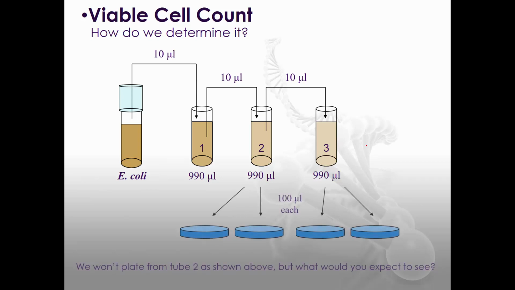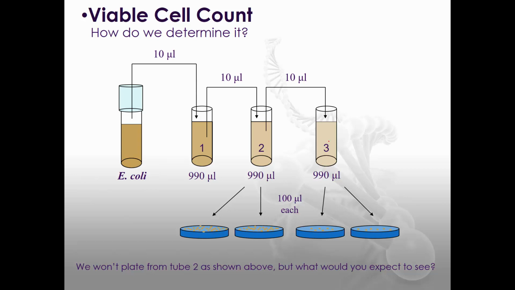And then the idea was to plate it. And if we plated some of each of these samples, what should we find? We should find bacteria coming from tube 2, and what? Even fewer bacteria coming from tube 3. How many fewer? Well, that's the question, right?